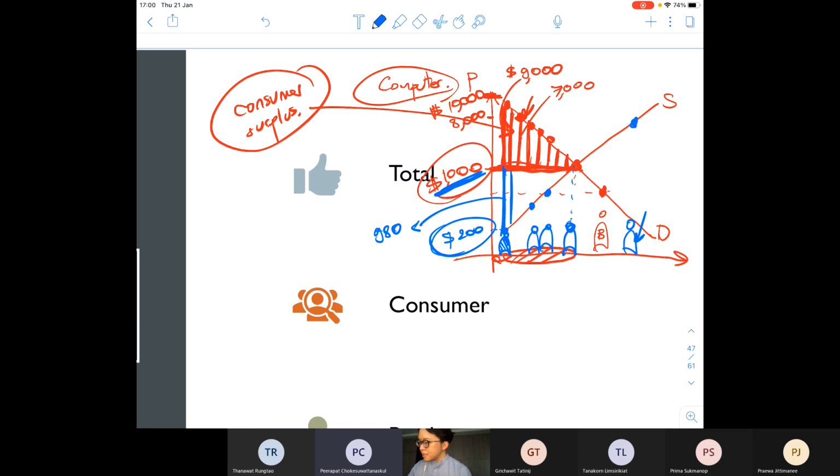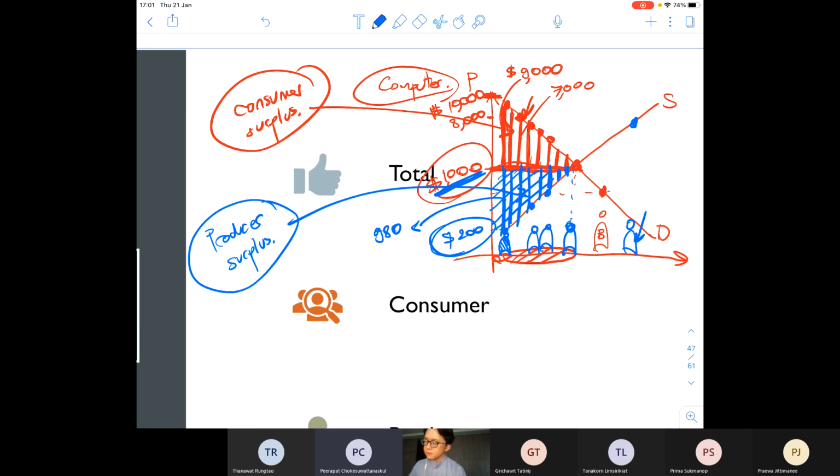And the same logic applies to every single producer out there, because you ask them to stand in line, ordering from the one who's willing to sell at the lowest price to the one who's willing to sell at the most expensive price. Okay, so this bit, if you sum all of this benefit that the producers enjoy, you can call all of them producer surplus, right?